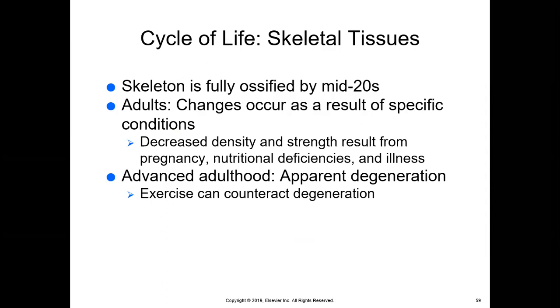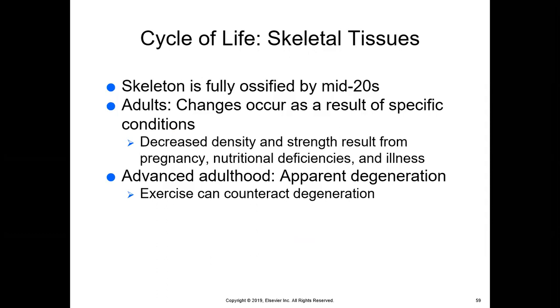This is what I want you to still know as well, though. Life cycle of skeletal tissue: know that the skeleton is fully ossified by the mid-20s. In adults, changes occur as a result of specific conditions. Decreased density and strength result from pregnancy, nutritional deficiency, and illnesses.